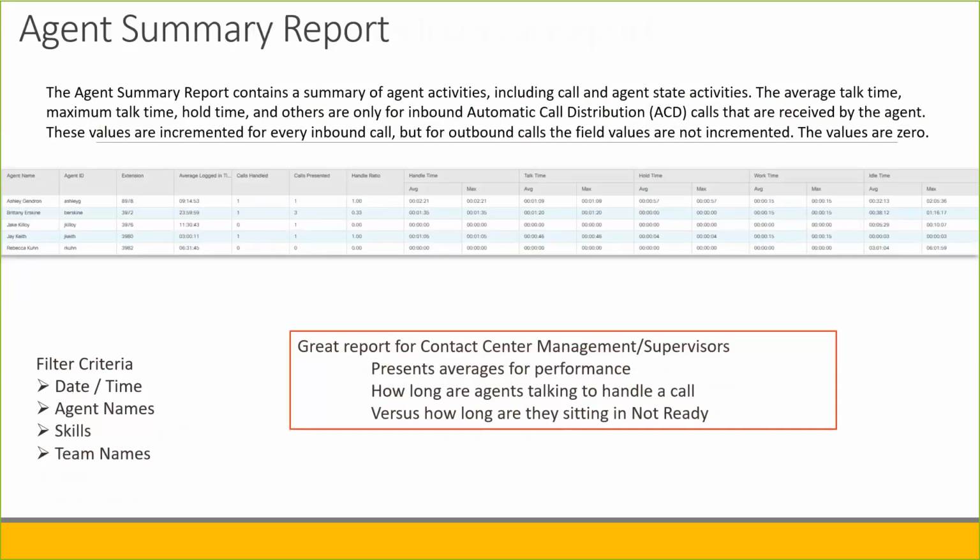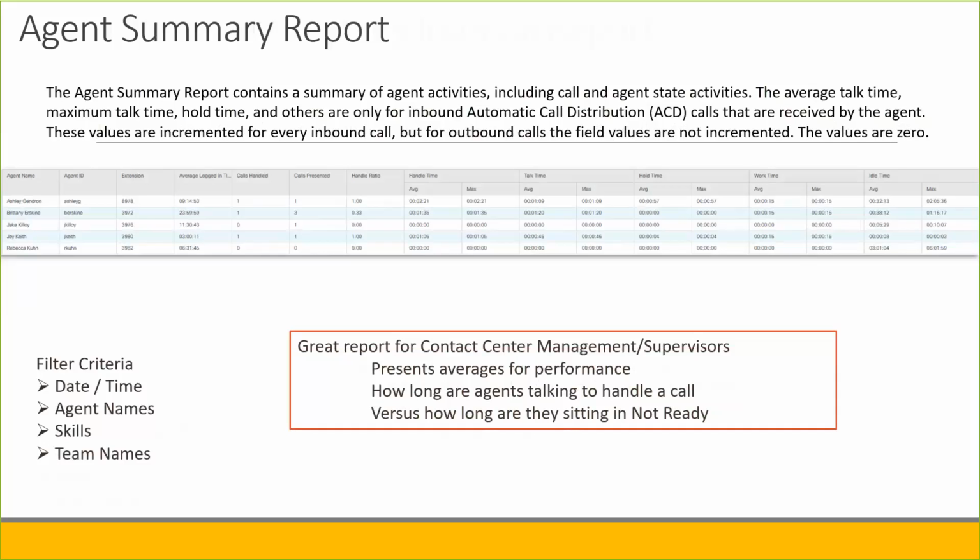And that's a really key KPI at the agent level, because it allows us as supervisors and managers to look at how long Ashley is taking to handle a call versus Brittany or Jay, right? The people listed on this report. And this is usually a quick indicator of how they're performing, right? And that's why I really like this, because it shows how they're performing.